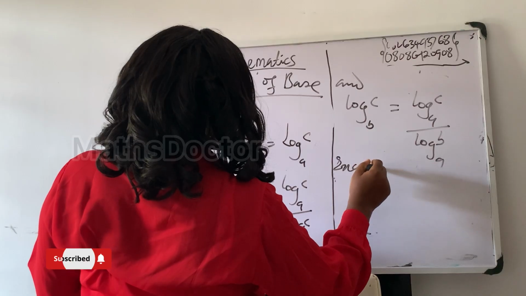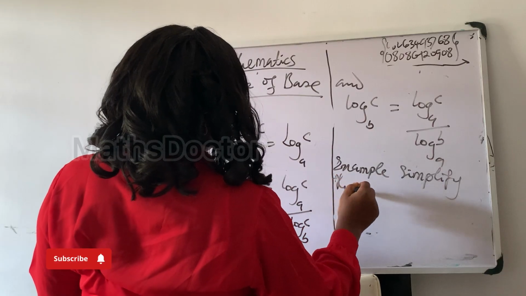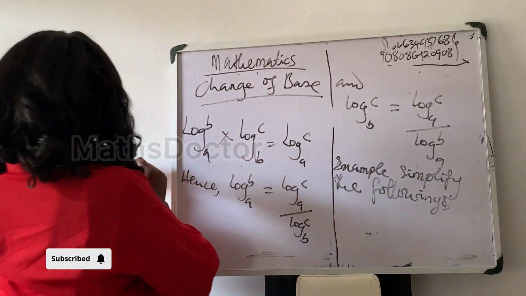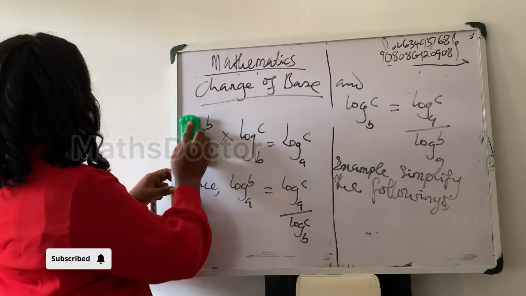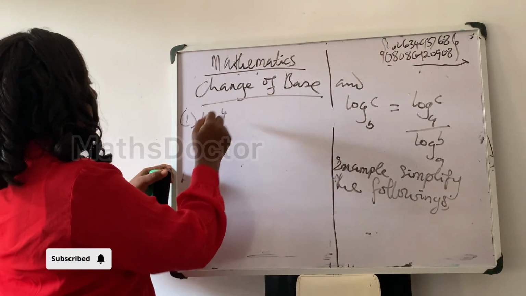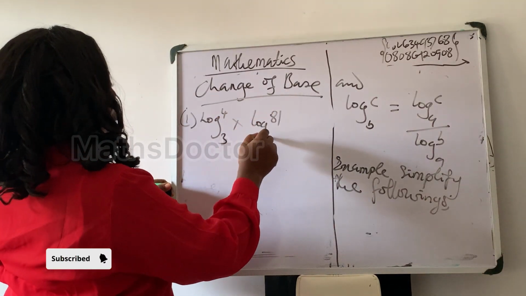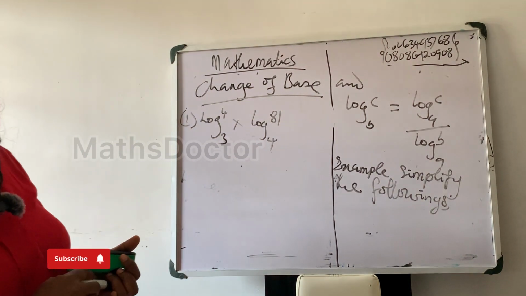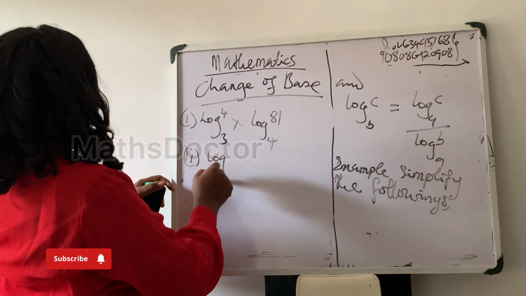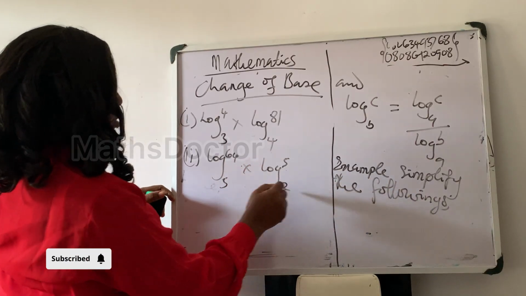Example: 1, log 4 to base 3 times log 81 to base 4. 2, log 64 to base 5 times log 5 to base 2.